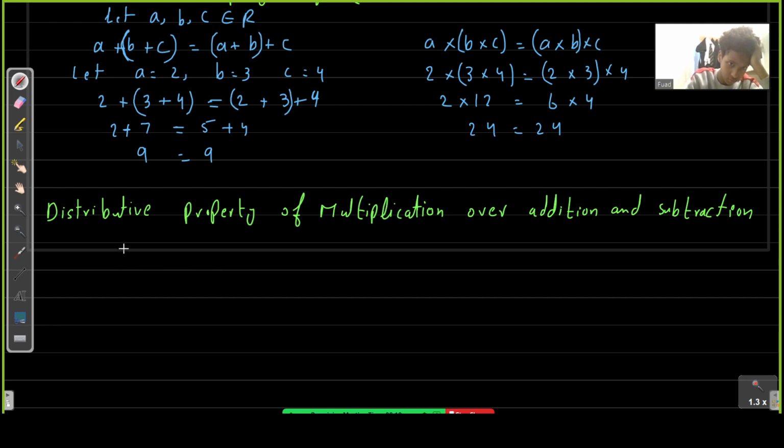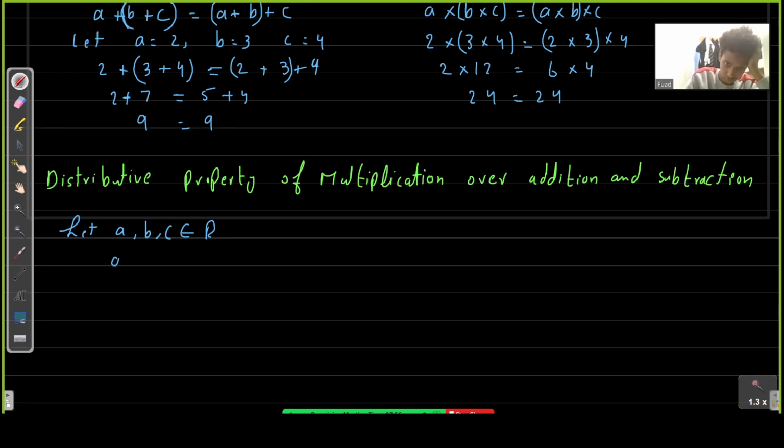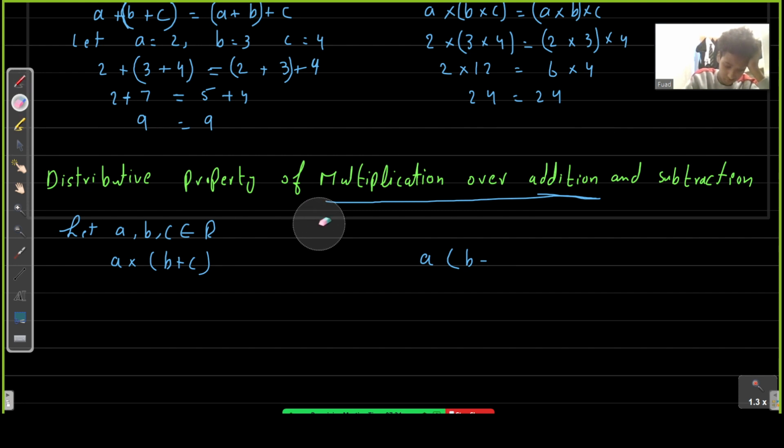For instance, let A, B and C belong to real numbers. We have a number A multiplying with B plus C. So this property is called multiplication over addition. And if we have number A multiplied with B minus C, that is called multiplication over subtraction. So that's the meaning of over addition and over subtraction.